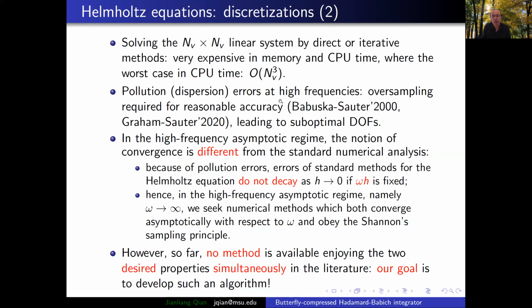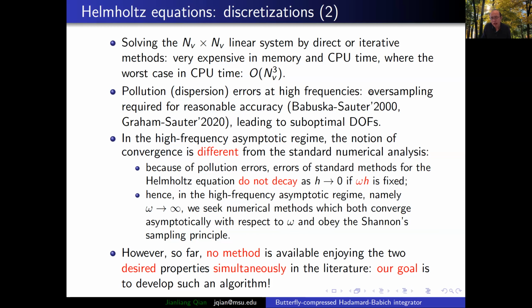Another issue related to direct methods is the so-called pollution error, or dispersion error. Babuska, Sauter, and Graham have analyzed that for high frequency problems, oversampling is required for reasonable accuracy.